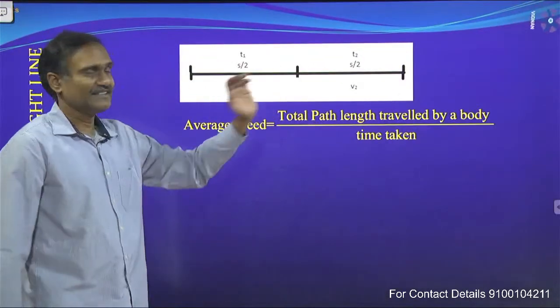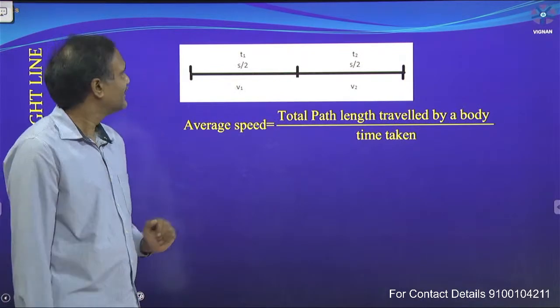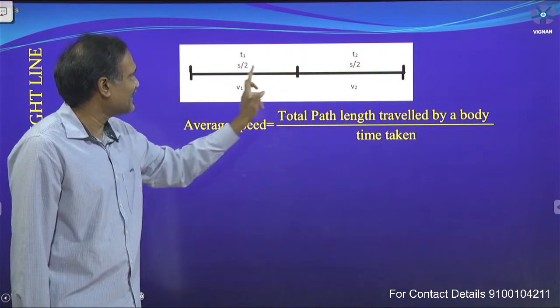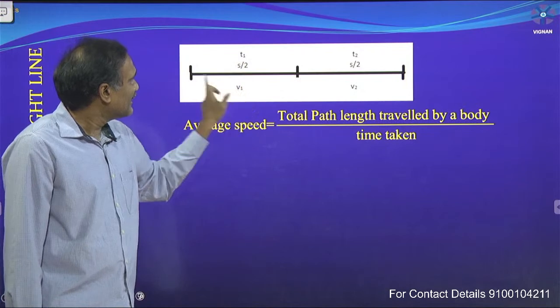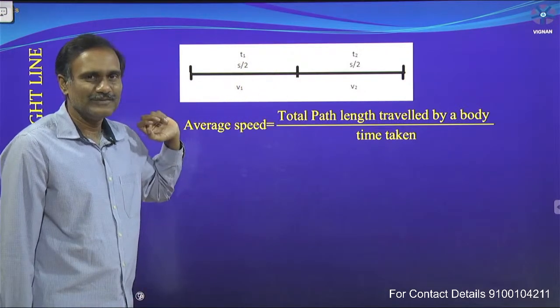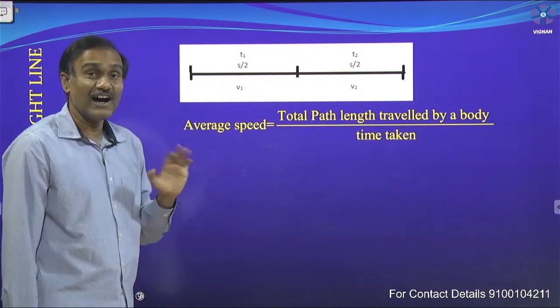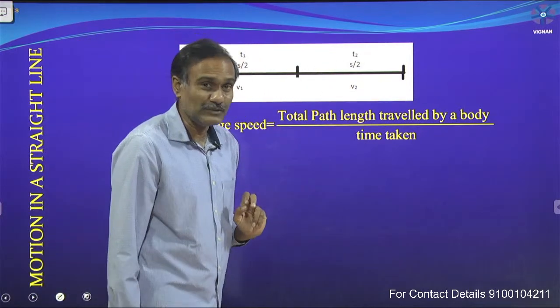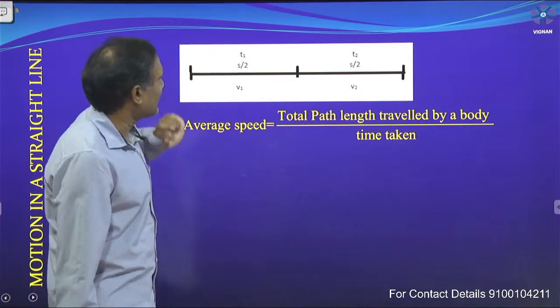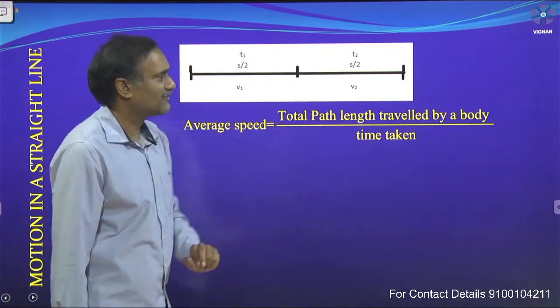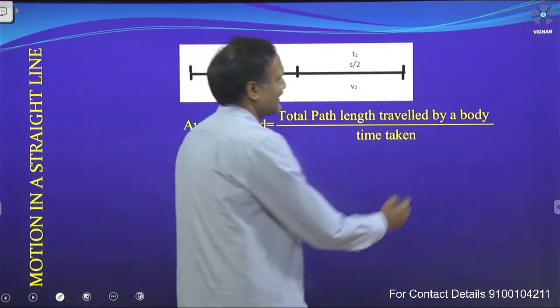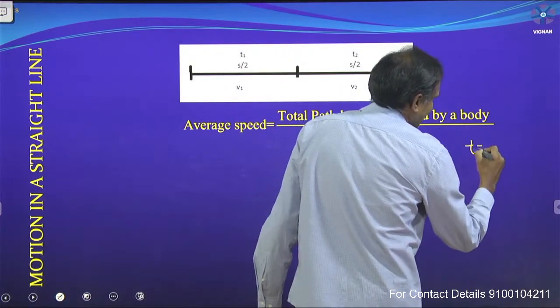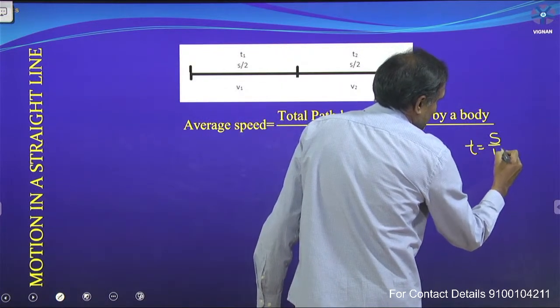Now you observe the same thing here. During this journey, s by 2, the speed is equal to v1. For this journey, speed v2. Now for this journey, time interval t1, and for this journey, time interval t2. Here, what about t? t is equal to s by v.